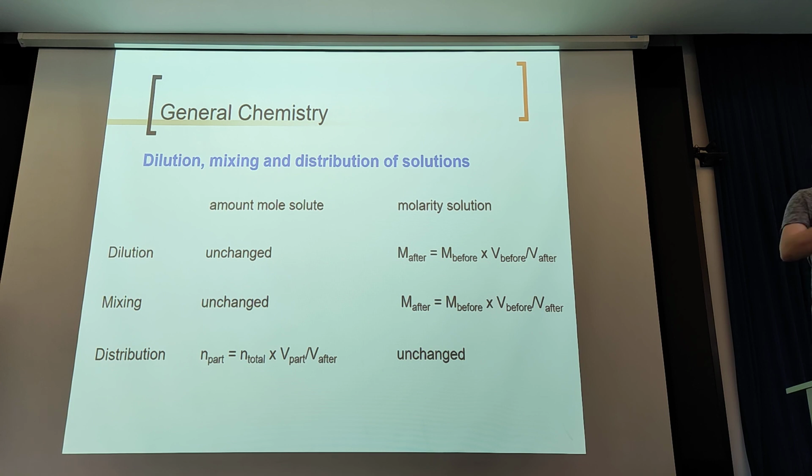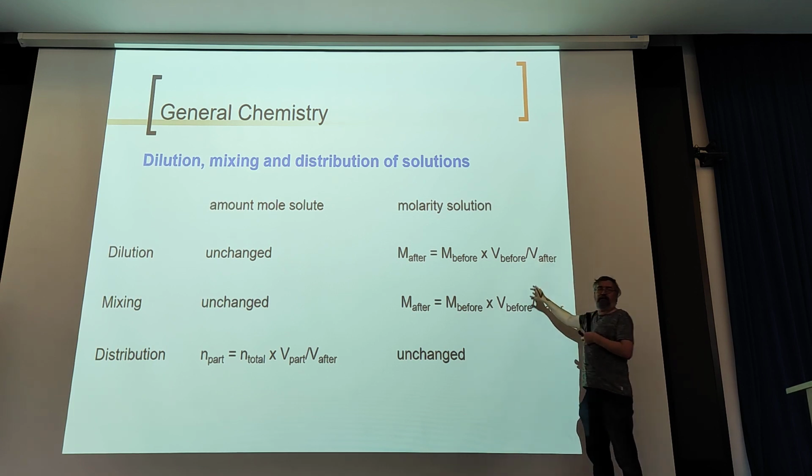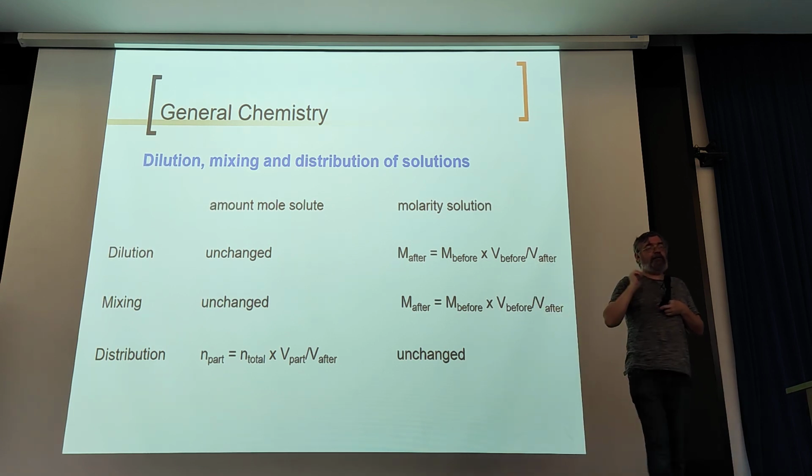Again using the example of the alcohol, if we take the vodka and we taste it, it's going to have a very strong taste. If we dilute it, then the taste may be easier to drink. This is the concentration. We feel the concentration in our mouth. So we can make it more drinkable by diluting or by mixing. In both cases, the effect is going to be less by the factor of volume before divided by volume after.